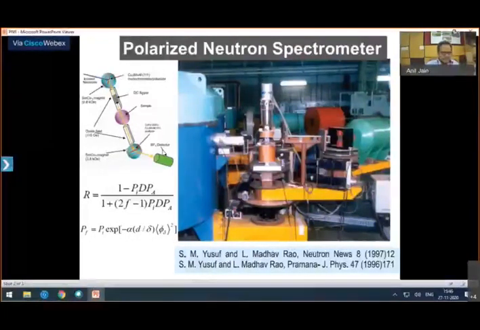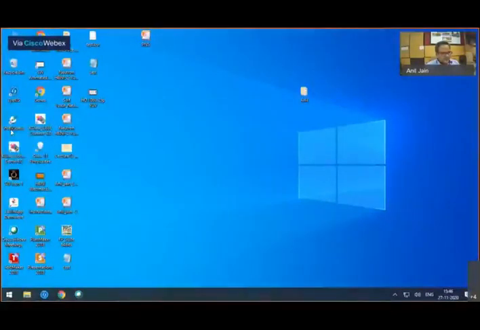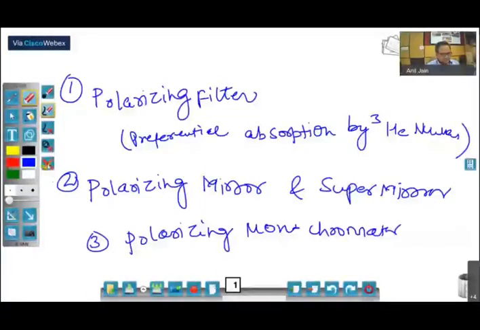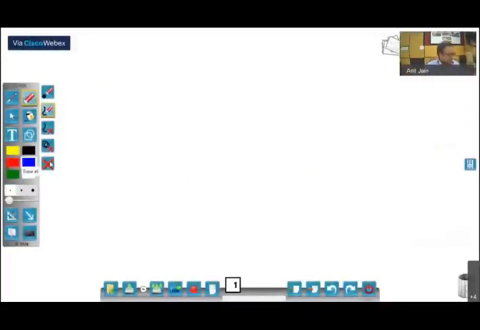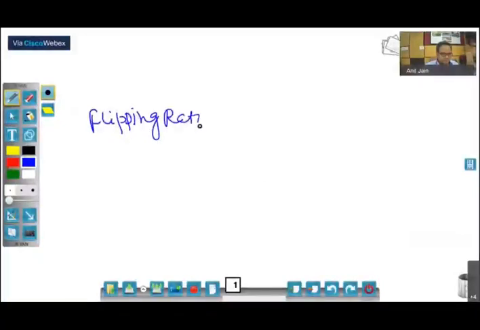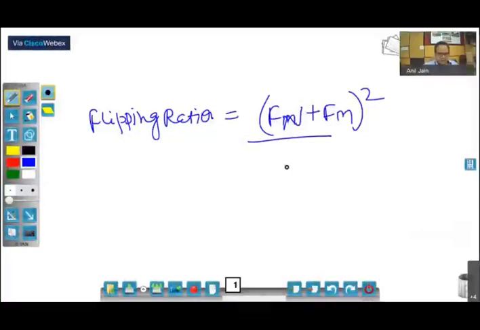So you measure the flipping ratio, which is given by Fn plus Fm over Fn minus Fm.